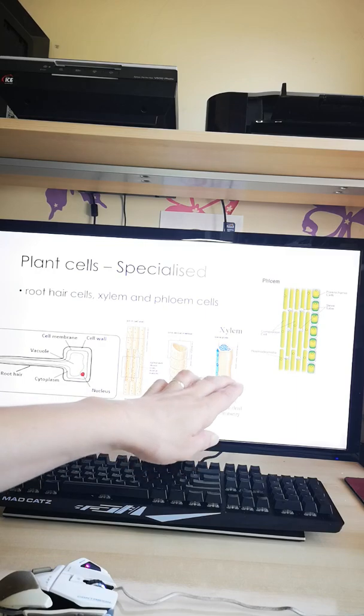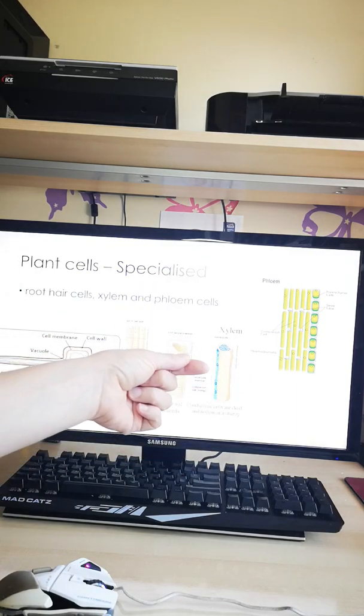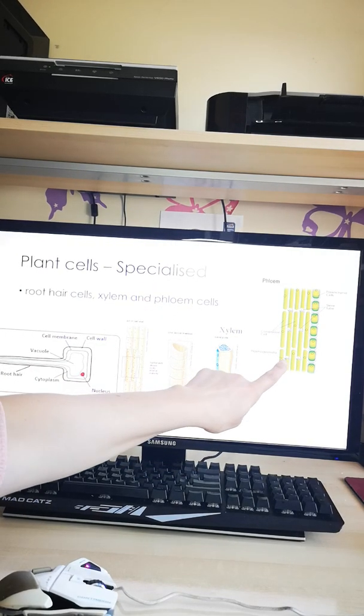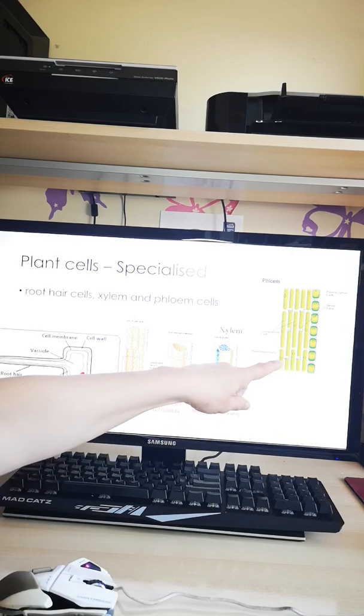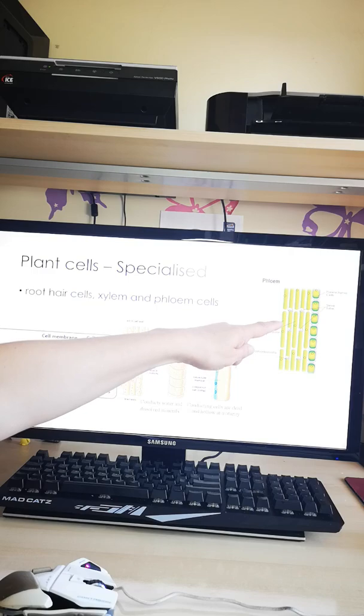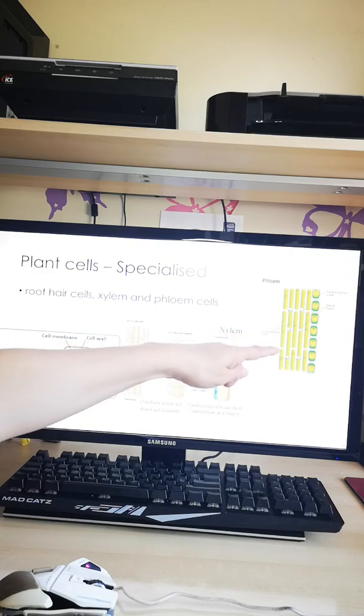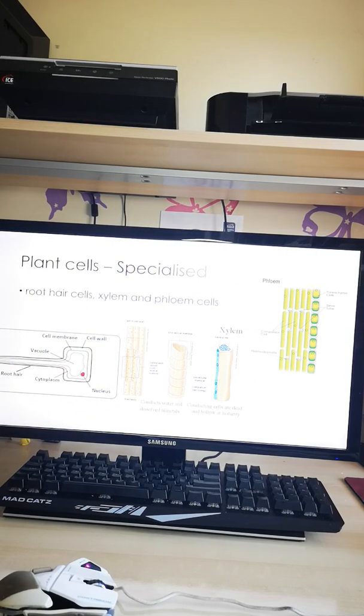But they are also long and thin and form tubes, not continuous tubes. So these side walls are a bit like sieves. So we call them sieve tubules or sieve elements. Okay, so those are cells you've met and you will meet again at A level in our study of specialised cells in more detail.